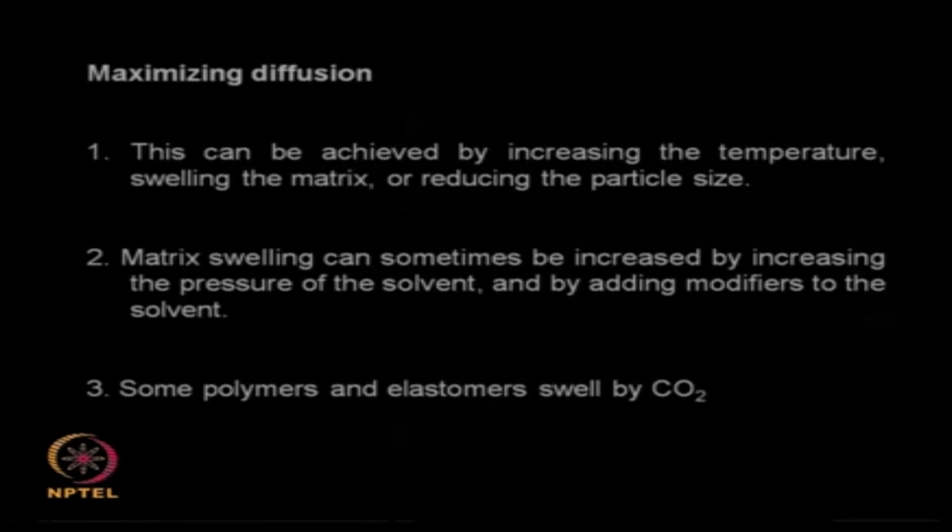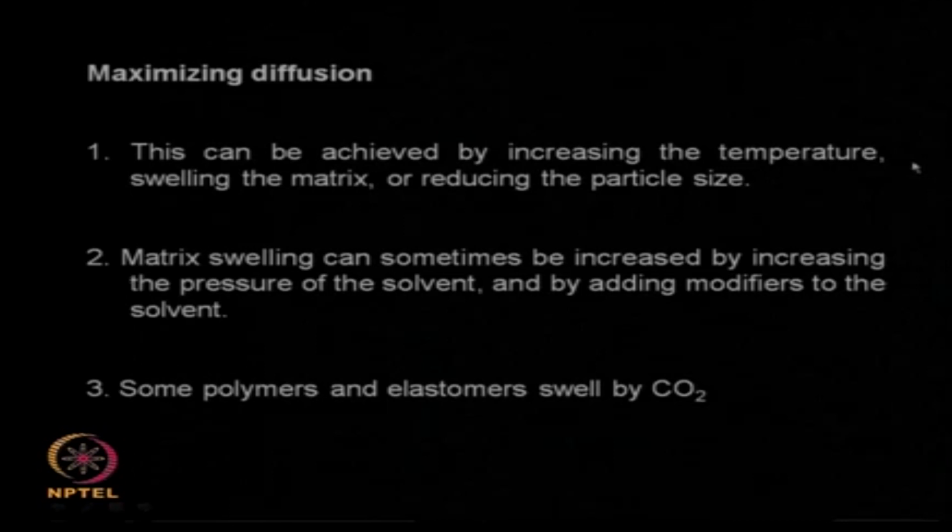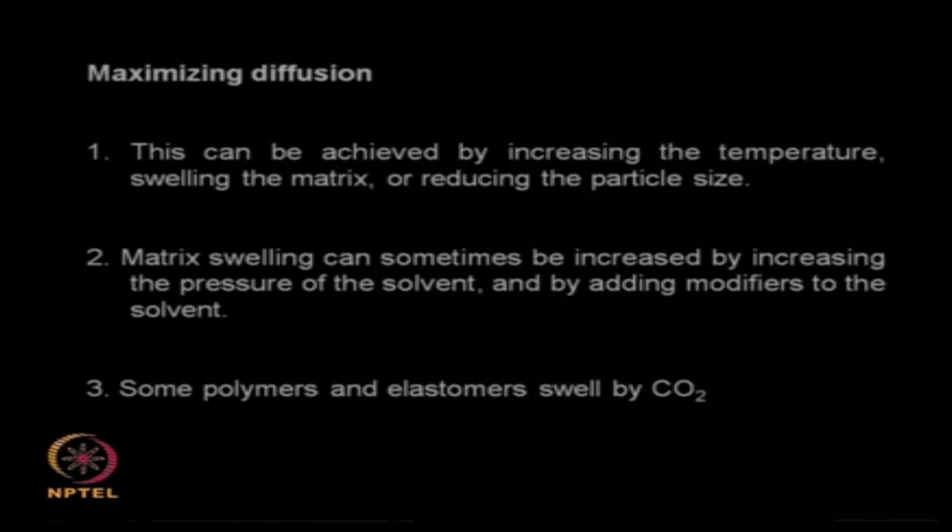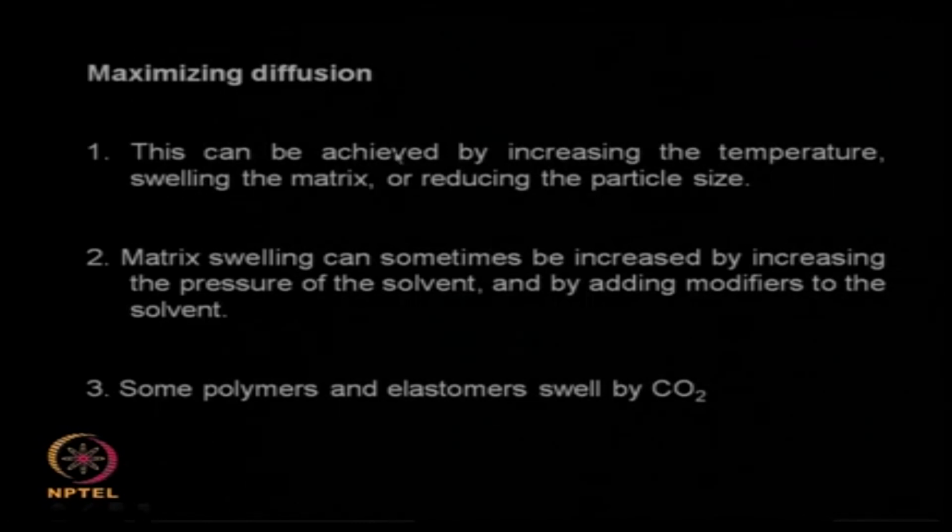If you are talking about optimization, we need to also consider improving the diffusion. So this can be achieved by increasing the temperature, assuming that the chemicals that are getting extracted do not get degraded at higher temperature. Swelling the matrix. So if you have a solid plant material or a solid food product, by swelling it you can allow the supercritical fluid to enter through the interstices, small pores and so on.